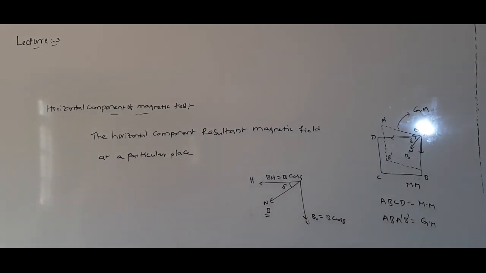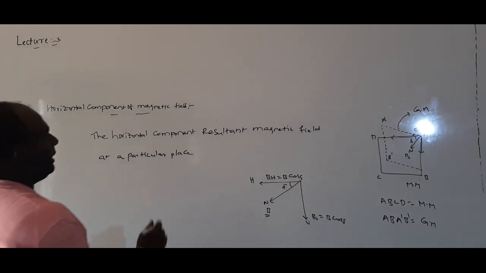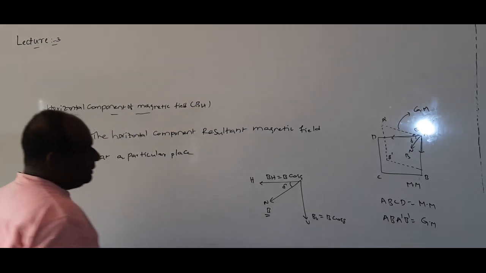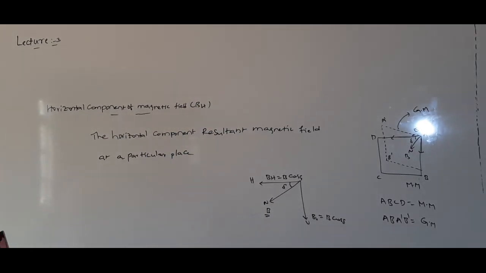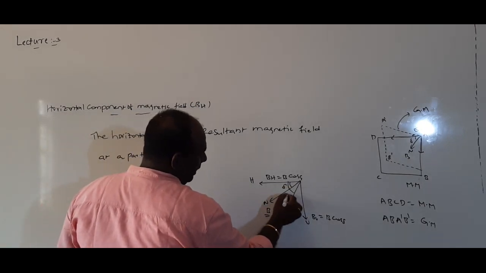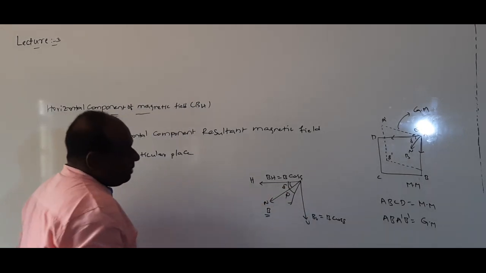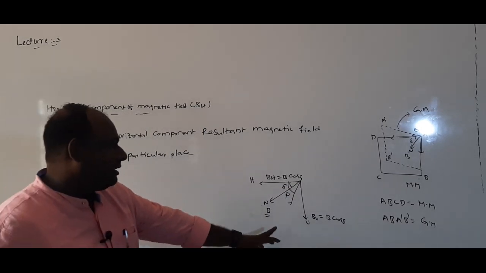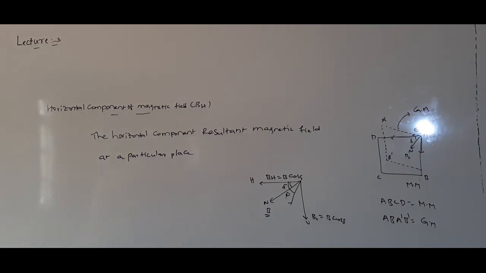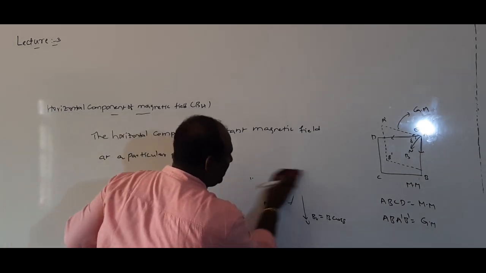The horizontal component of resultant magnetic field at a particular place is known as horizontal component of magnetic field, and it is written as BH. Sir, if you go for different places, sometimes it is delta, sometimes it is phi, but the vertical component of resultant magnetic field does not change. Horizontal component of magnetic field keeps on changing with respect to place. We will discuss that later.